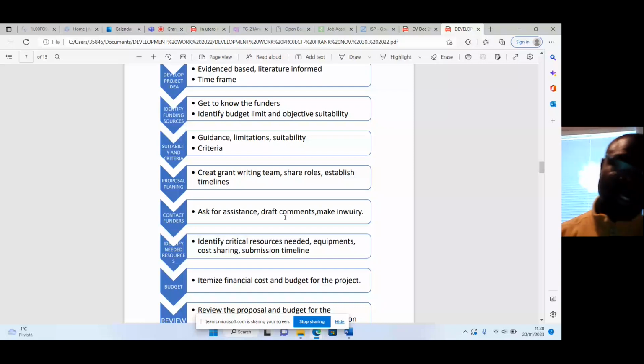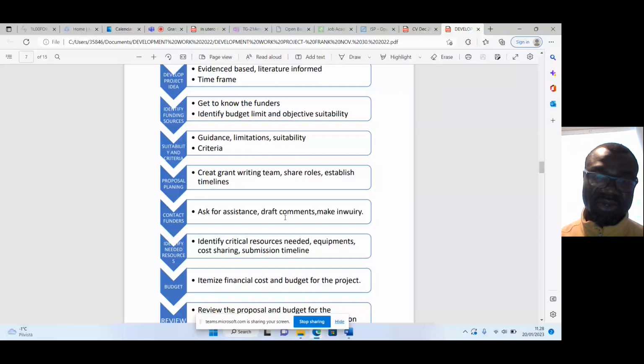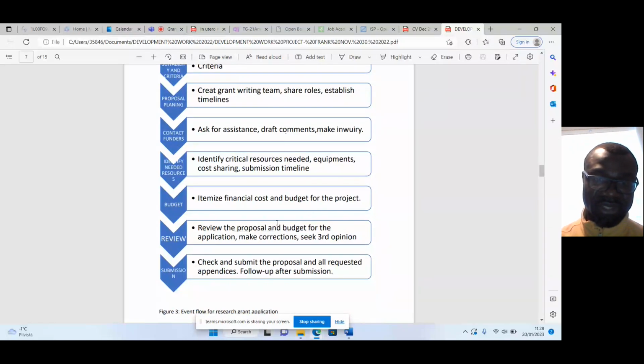We are preparing for a grant, and we cannot submit a grant without knowing what the cost implications are, what money we are applying for, and how long we are going to need that. And so these are things needed to be considered before the final submission.